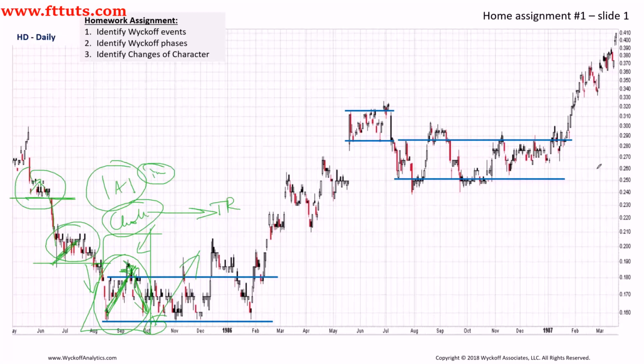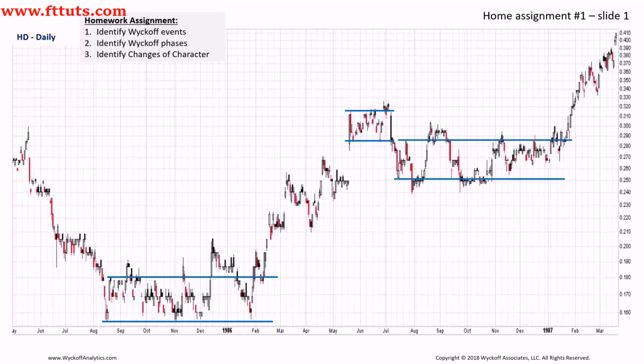Excellent. Now that we know where phase A is, for those of you who are more advanced, you might have a question here, and I'm actually very surprised that nobody's asking it right now. Automatic rally and automatic rally. Could it be that we could have this type of labeling?